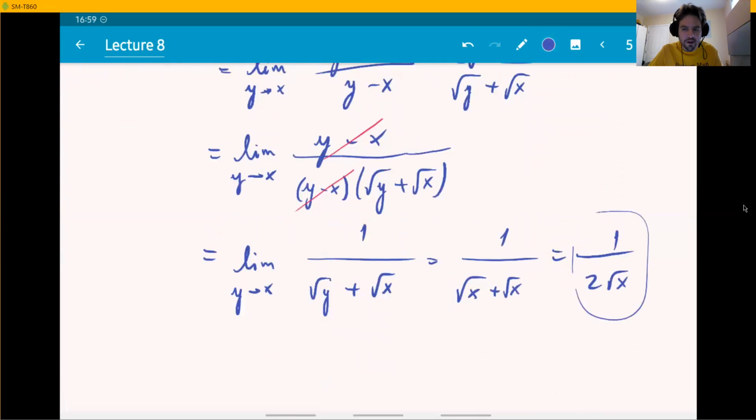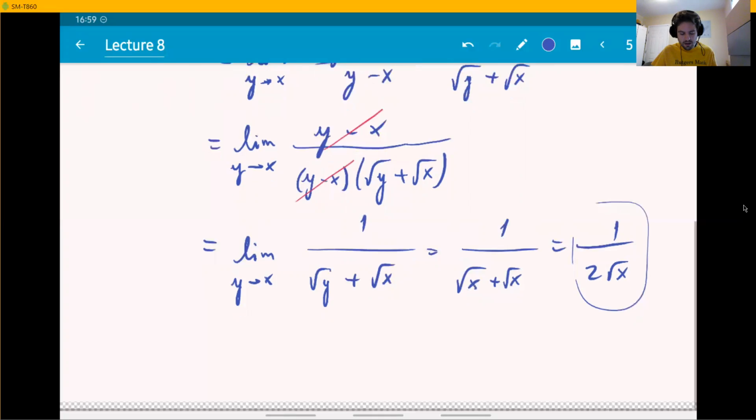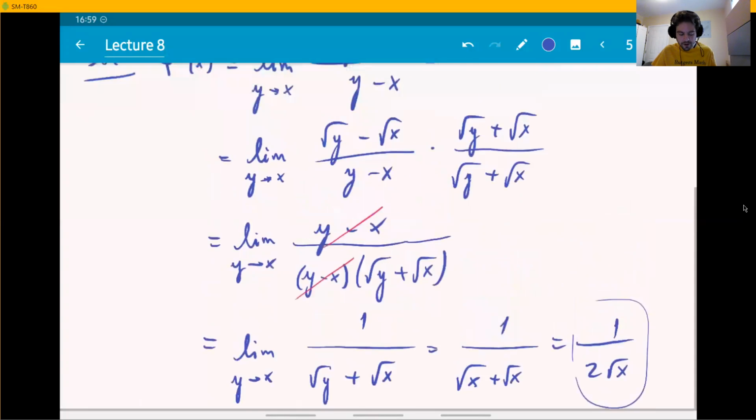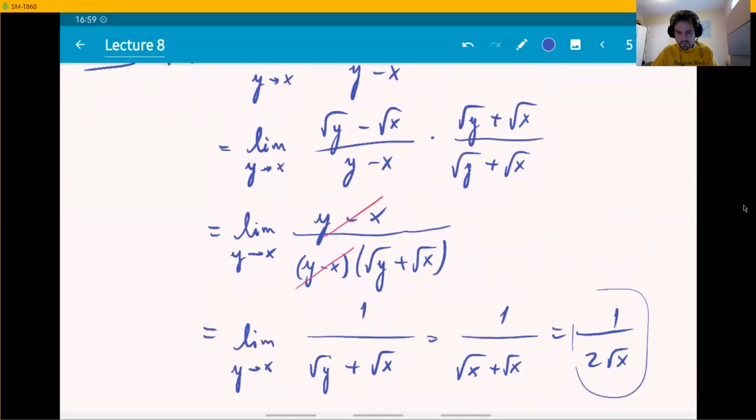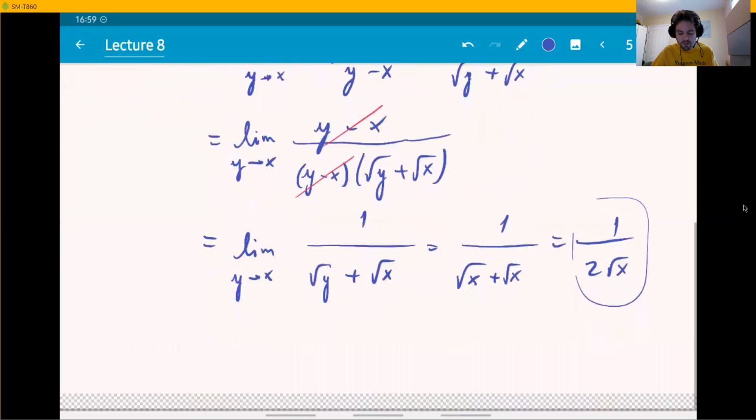That's the answer that we find for the derivative. If you've taken calc before, if you know derivative rules, you probably even remember how to differentiate the square root. This should be the answer that you remember. So this is the definition of the function. F prime of x is always equal to this at any point x. We just need to give the domain of this.